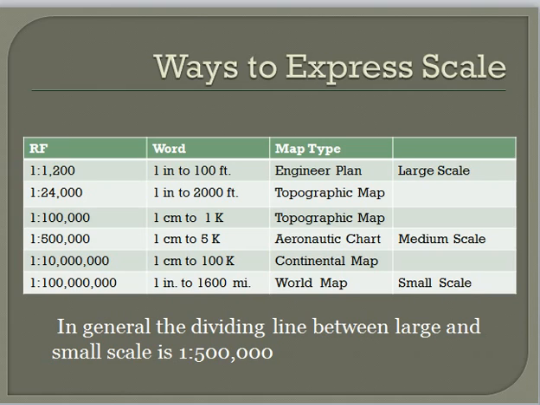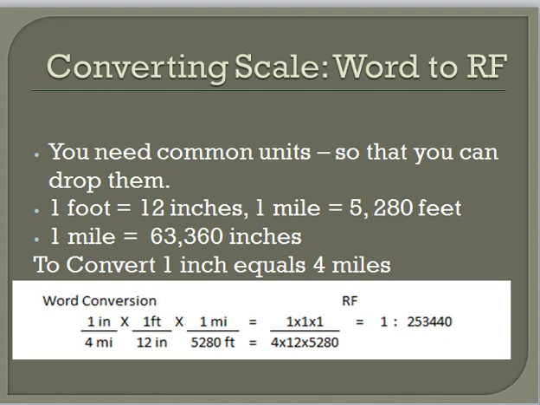The topographic maps that we're using, 1 to 24,000 or 1 inch to 2,000 feet, is also a large scale. And then we kind of grade into the aeronautic charts. And then when we get into the continental or the world maps, we're really talking about small scale maps. So those are the different types.